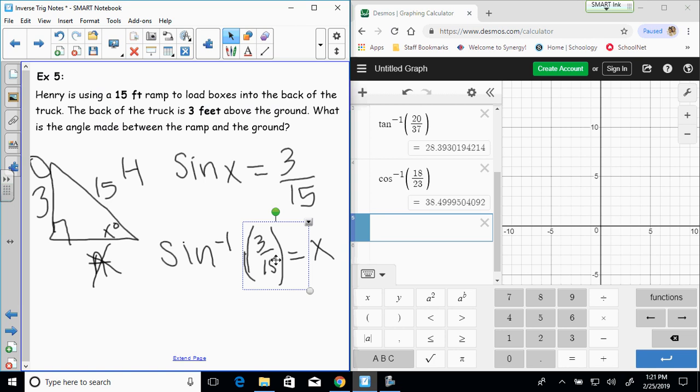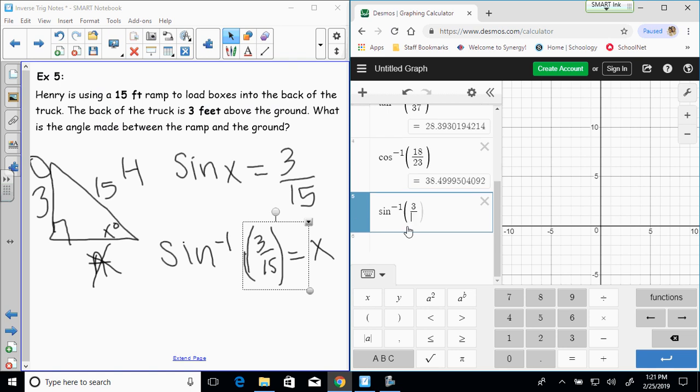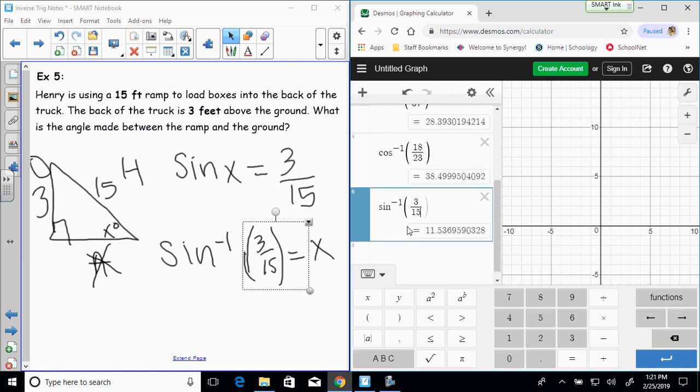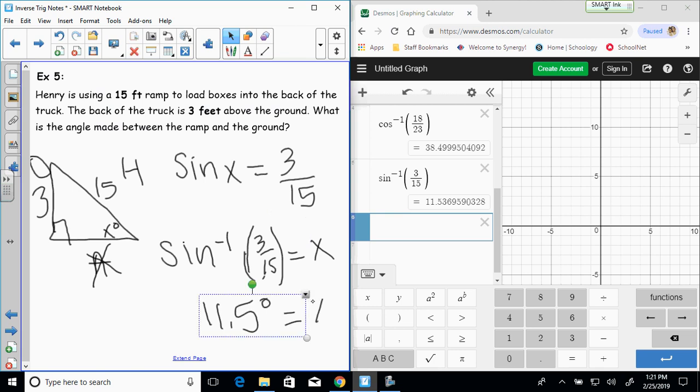Now in order for us to find the angle, we're going to go over to decimals, use the inverse sine function, 3 divided by 15, and close parentheses. And so now we know the angle between the ramp and the ground has to be about 11.5 degrees, and that's x.